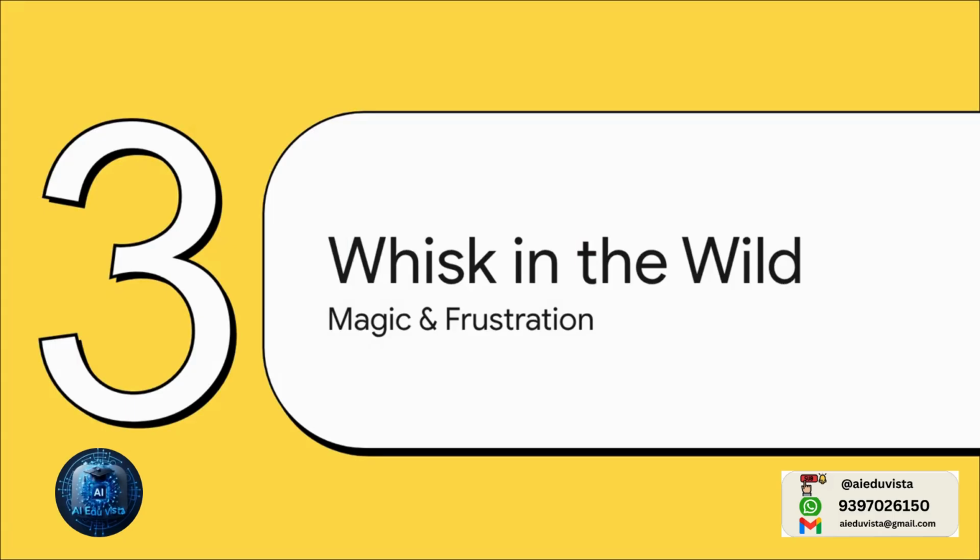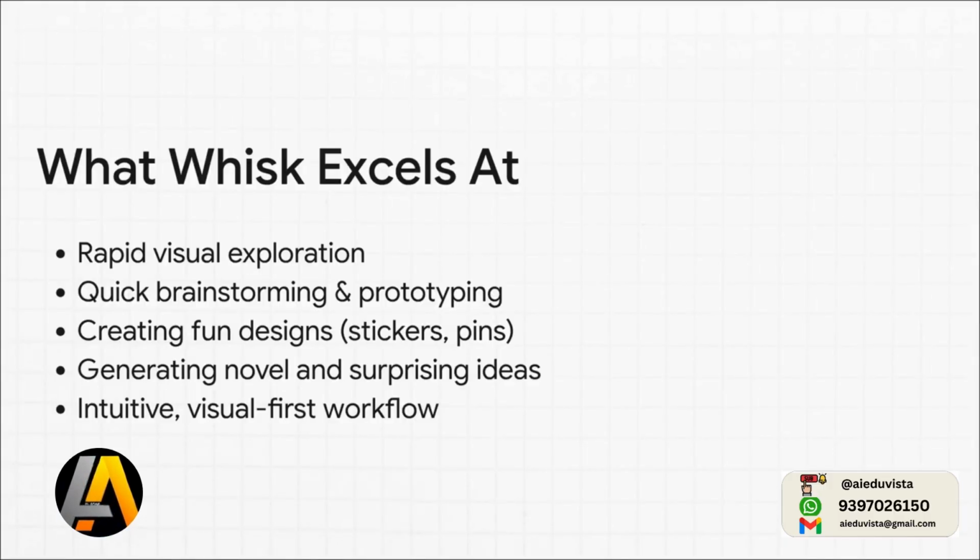So that's the theory. But how does Whisk actually hold up when real people get their hands on it? Well, as you'd probably expect with any experimental tool, the early feedback is a mix of pure magic and some real frustration. So on the one hand, people are finding it's an amazing brainstorming partner. It's fantastic for quickly exploring visual ideas, coming up with totally unexpected concepts, and making fun, stylized stuff for things like stickers or pins.